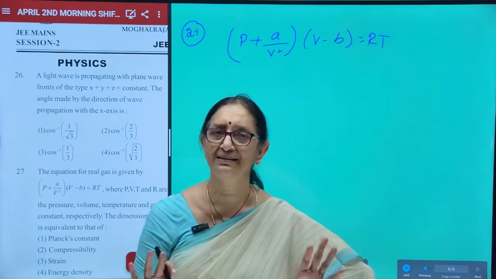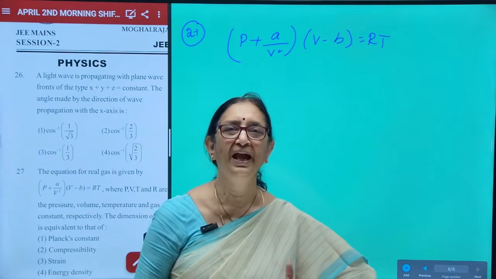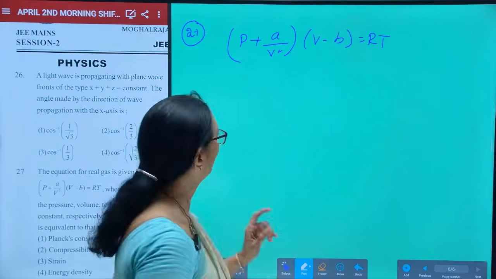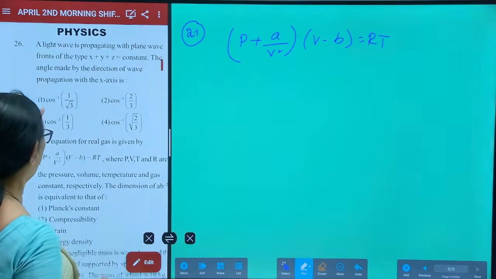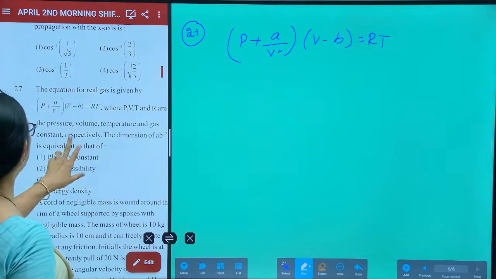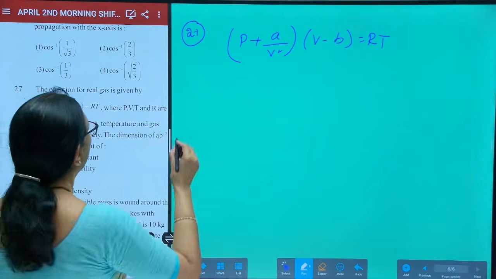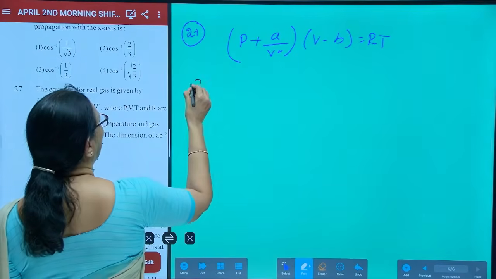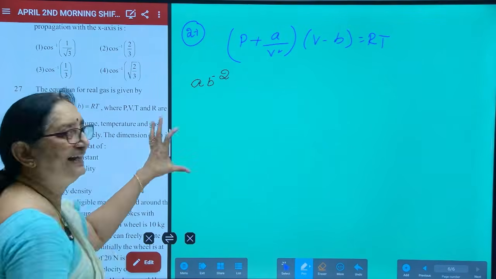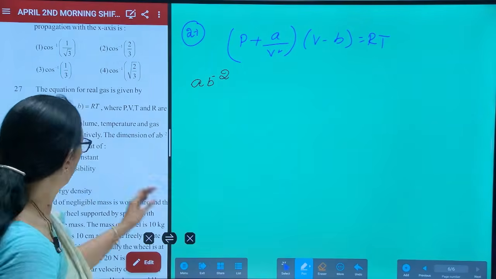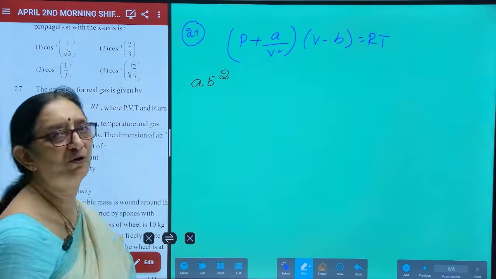A, B are just constants. We do not know anything about them. So in this question, what is asked? If P, V, T, R are pressure, volume, temperature, gas constant respectively, the dimensions of A B to the power of minus 2 are equivalent to one of the given 4 options.